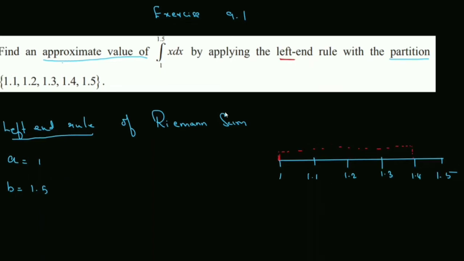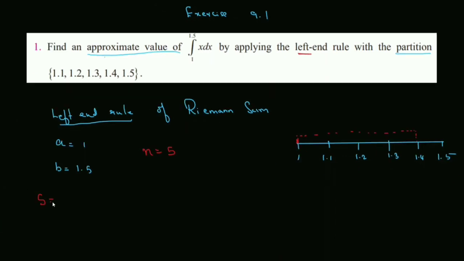So we are using the left hand rule here. n is equal to the number of partitions. So how many partitions are there? 5. So a, b is 1 to 1.5, the lower and upper limits. Now the Riemann's sum formula for the left hand rule starts with x naught: x naught, x1, x2, x3, x4, x5.